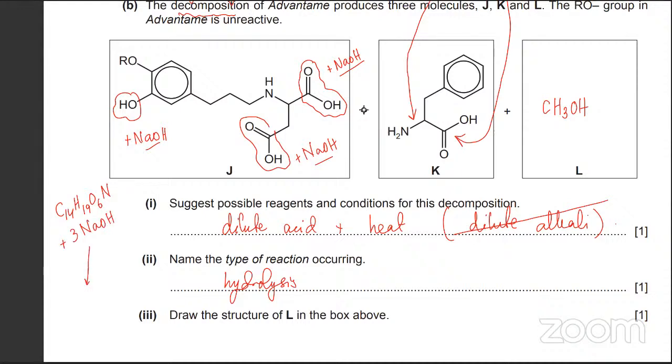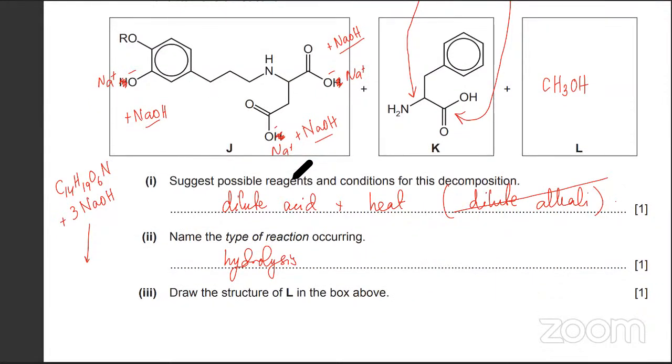So what will be formed? All the OHs will react, the H will get displaced, and Na will take its place. This H as well; they would all form salts. So the molecule is losing 3 H's and gaining 3 Na+ ions.